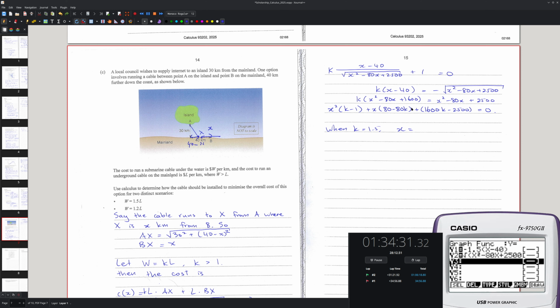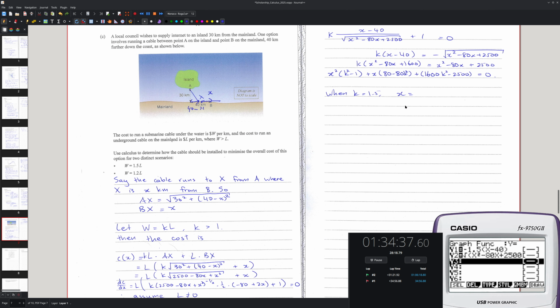Oh, cause it's, wait, is it k squared? But I feel like even then it shouldn't matter, right? Like you think about it, if it's 1.2, yo, if it's 1.2, they should make x negative. That's crazy. What if we just plot the cost?